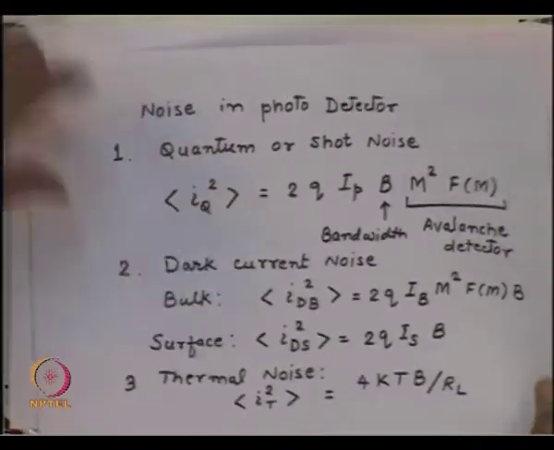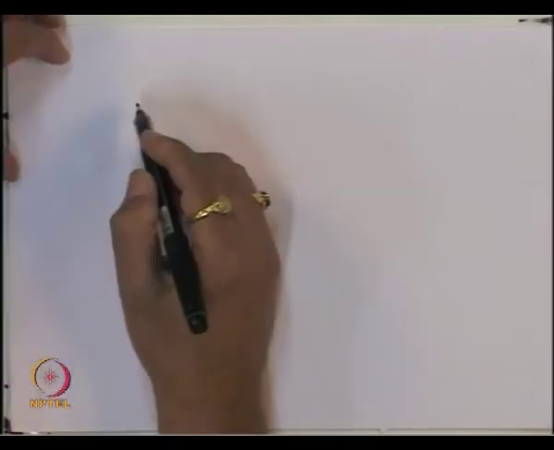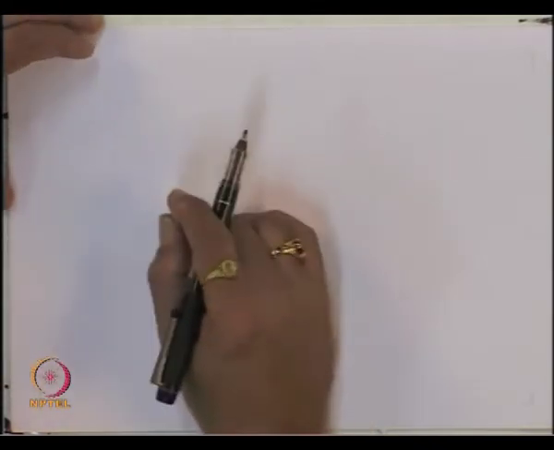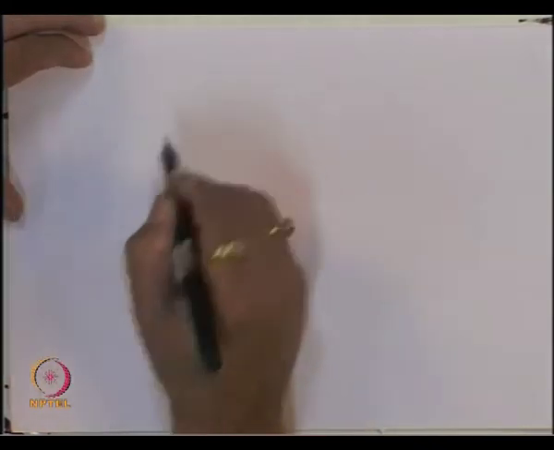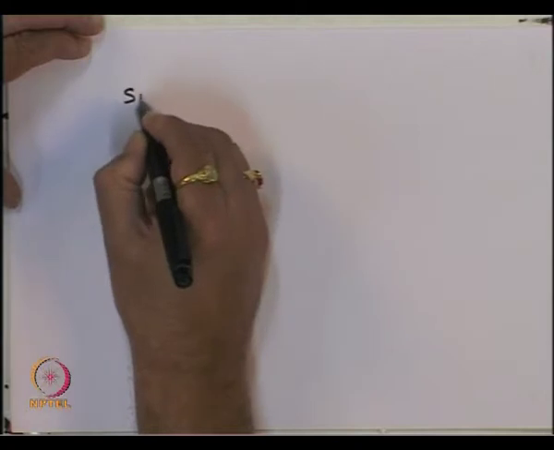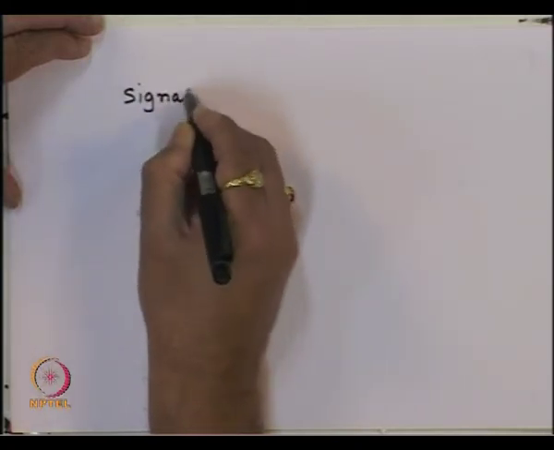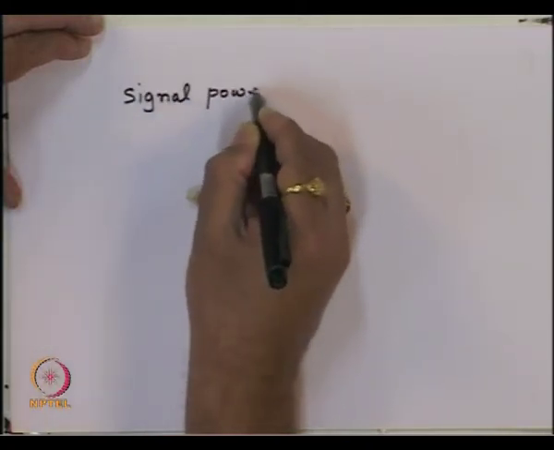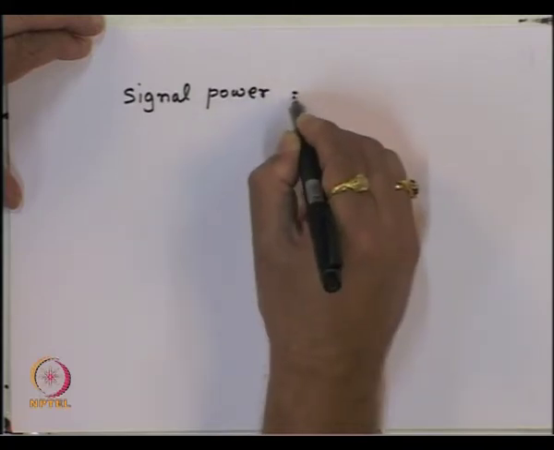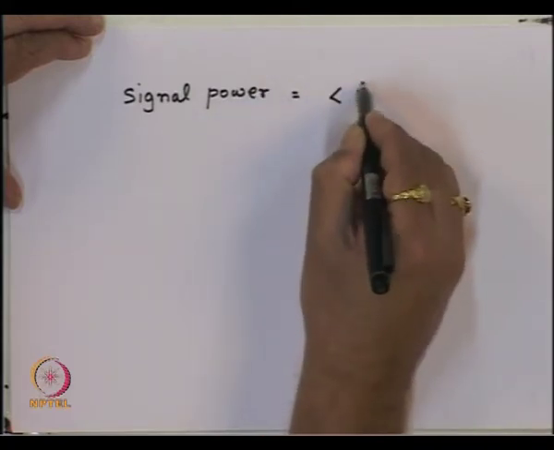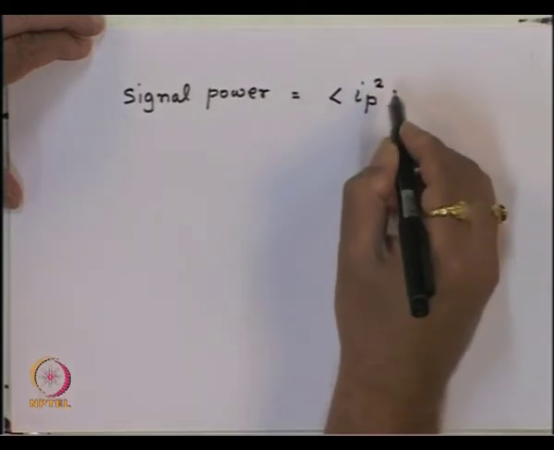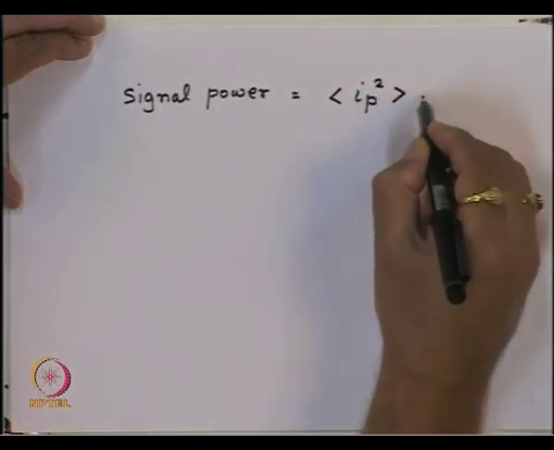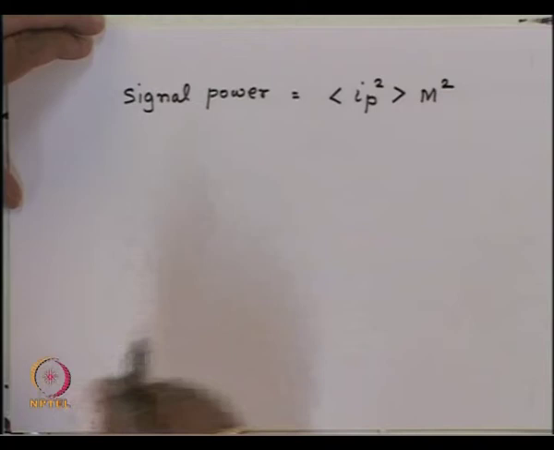So now that we have these noises, we can write down the signal to noise ratio. If I say that the signal has a current which is I_P, I can get the signal power, which is I_P square into M square if you are using the avalanche photodetector.